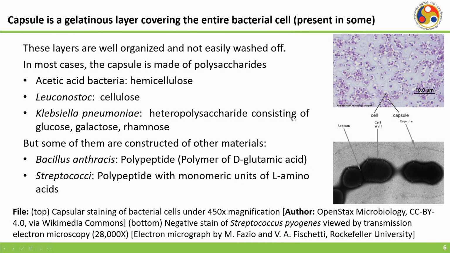Then Streptococci have a polypeptide with monomeric units of L amino acids. In this picture you can see the capsular staining of bacterial cells under 450x magnification, and the negative stain of Streptococcus pyogenes under transmission electron microscopy.